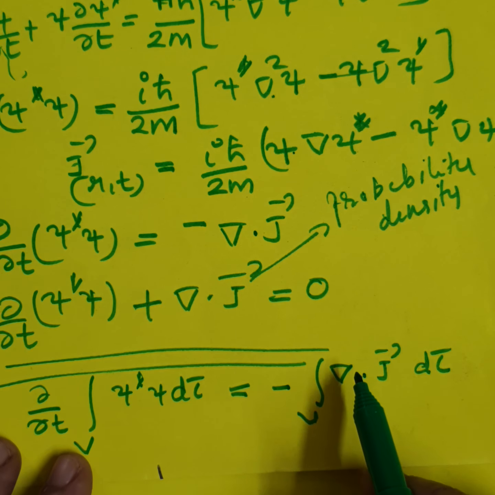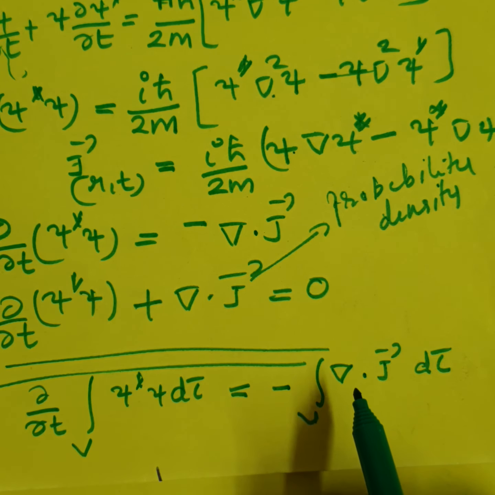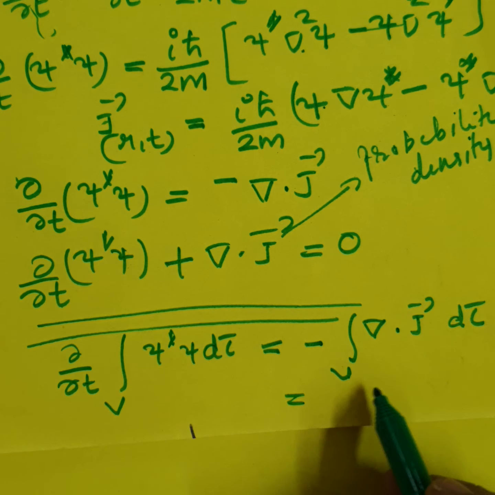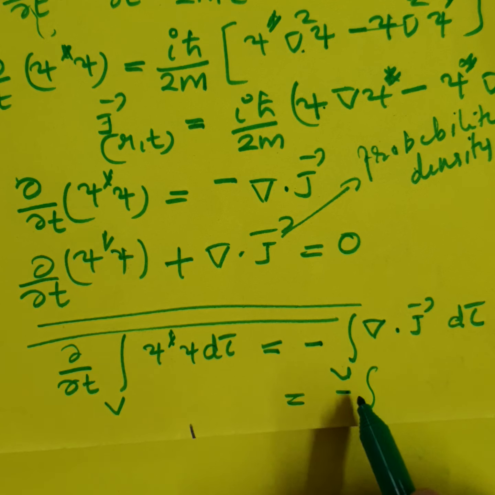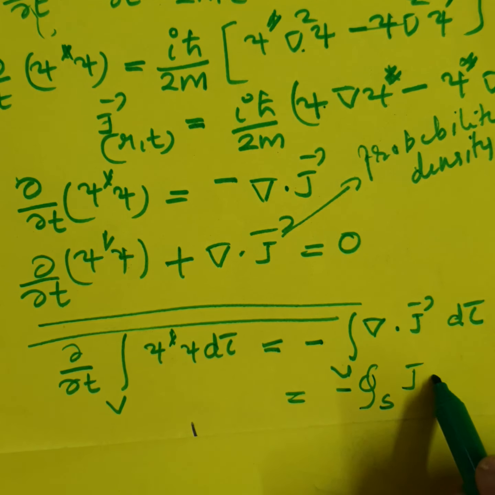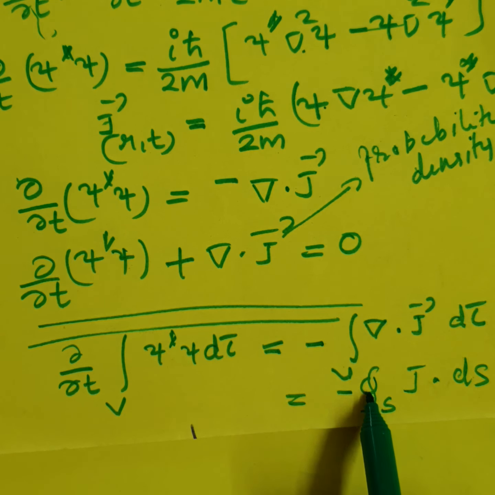This is a volume integral. With the help of Gauss's theorem, we can convert it into a surface integral, that is, minus the closed surface integral of j dot dS.